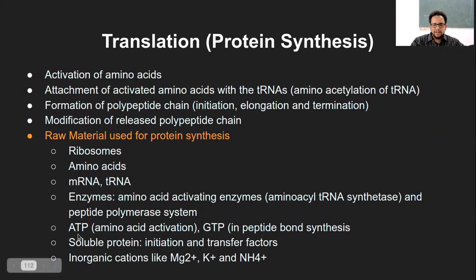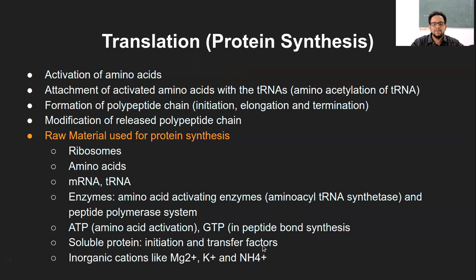Then ATP, which is required for the amino acid activation, and GTP, which is another energy molecule. It is used in peptide bond synthesis. How exactly, again, we will see briefly in the later part. So these two molecules, ATP and GTP, are required. Soluble proteins, specifically the initiation and transfer factors.